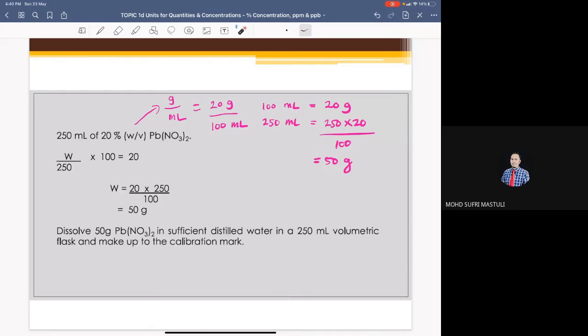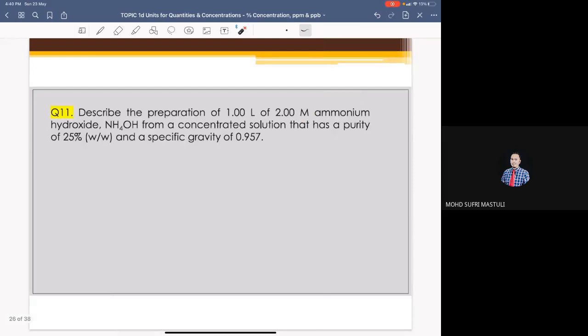So in order to prepare this solution, we need 50 gram of PbNO3 dissolved in 250 ml of volumetric flask using water as the solvent. All right.